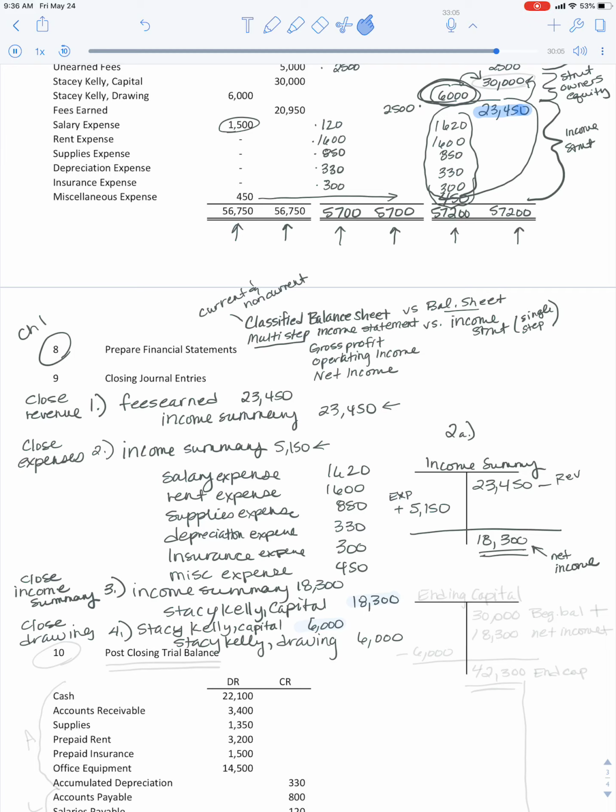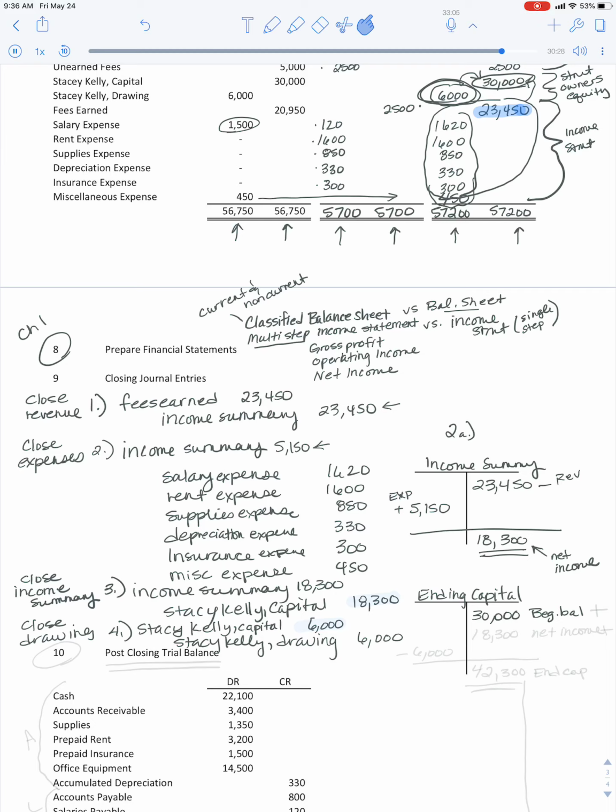So let's see what our ending capital is. Do a T account. Now we started off with $30,000 in this account. And I know that because that was the beginning balance, and you see 30,000 was the balance that we had in there to begin with.